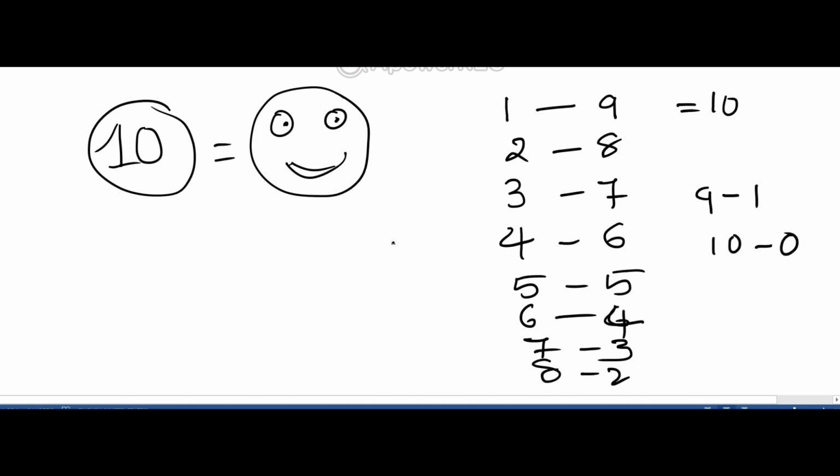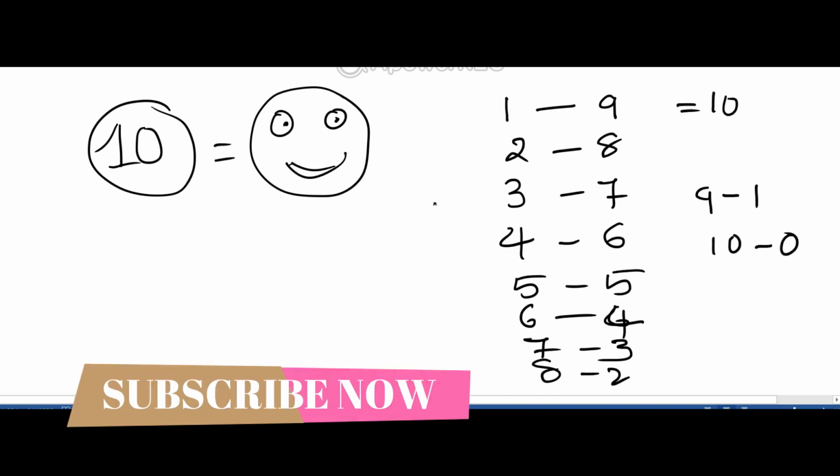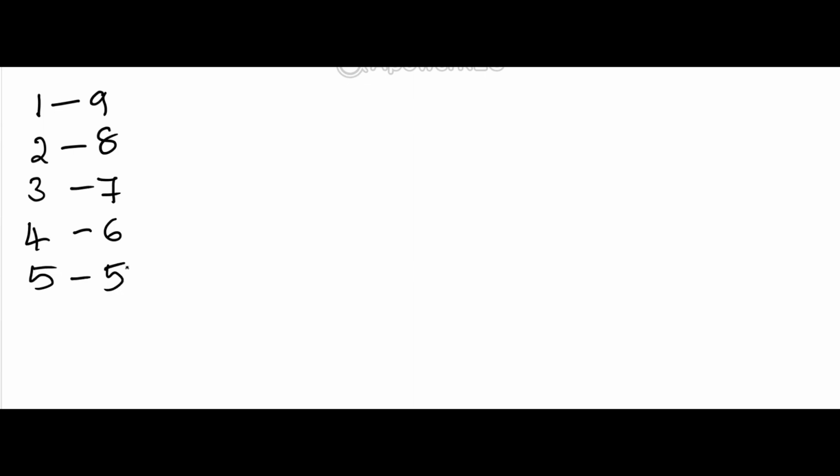So this is what I told in the earlier chapter. These are all called complements. When you know these numbers, you can do subtraction very easily. See friends, 1 friend 9, 2 friend 8, 3 friend 7, 4 friend 6, 5 friend 5.